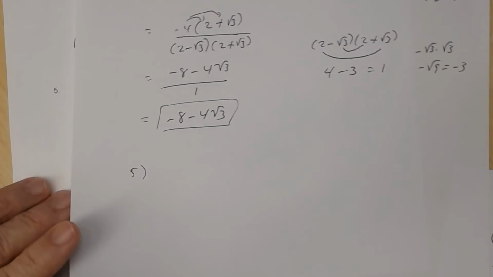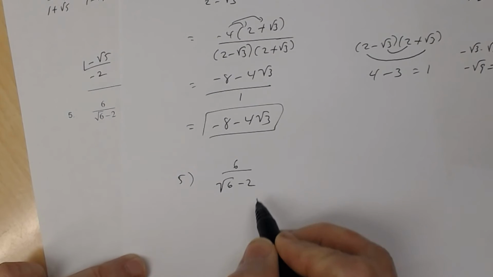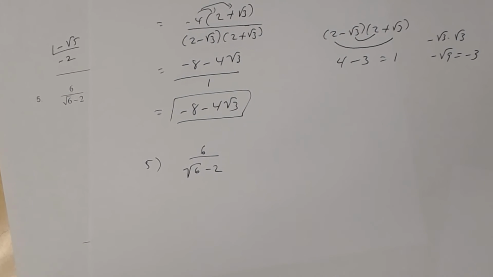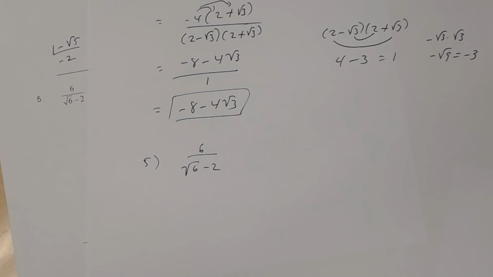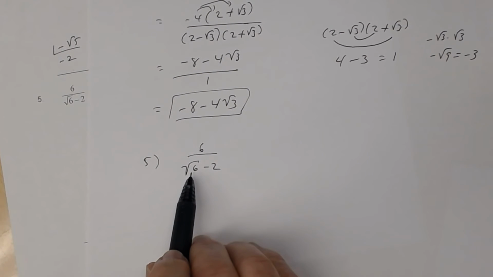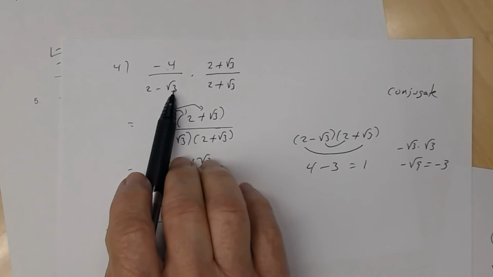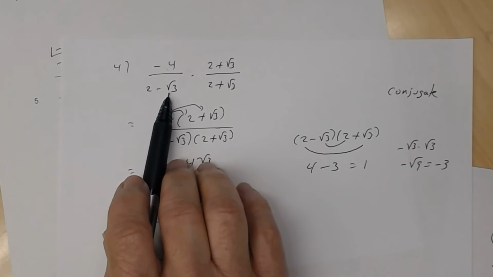So number 5, you have 6 divided by the square root of 6 minus 2. In this particular case, same thing. You have two binomials, and it just so happens that the square root of 6 is listed first, whereas over here, the square root was listed as the second term.